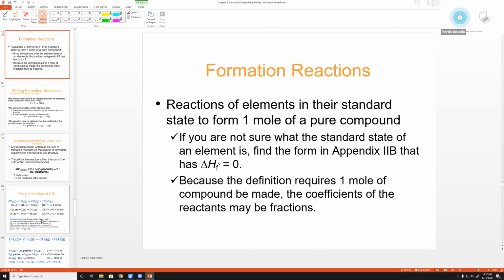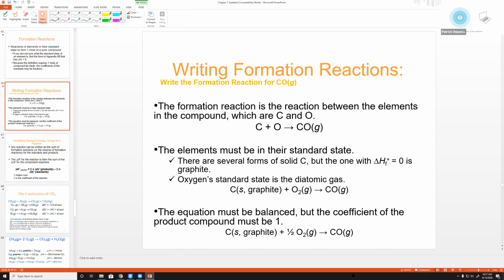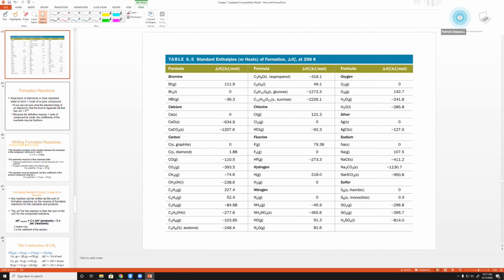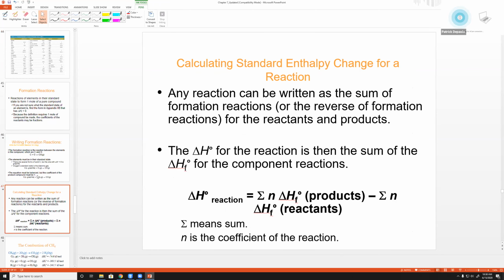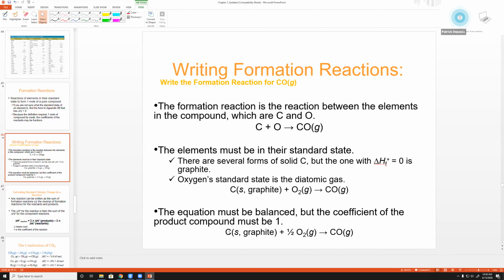So let's do an example. Let's say this reaction. CO is a product, so you find the standard enthalpy of formation of CO. If you go here, it's negative 110.5. Great. And then you would do minus graphite, because graphite is a reactant, sorry.